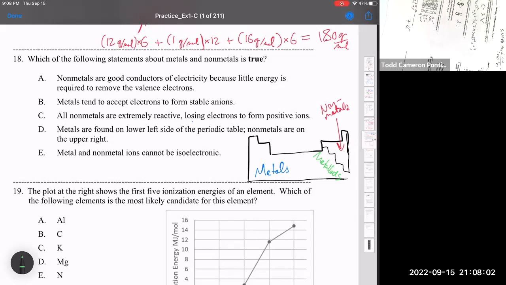But it says little energy is required to remove the valence electron. Have you tried taking a valence electron from fluorine? It's pretty tough. If you had microscopic tweezers and tried to pull one away, it's very difficult to remove electrons from this side. They would rather gain electrons. So statement A is false.